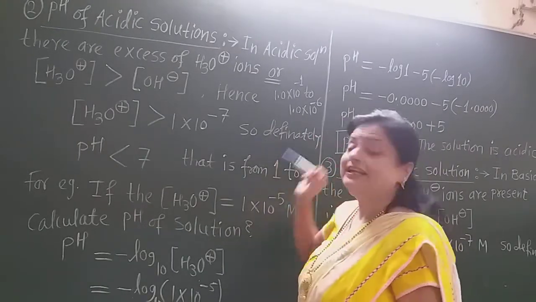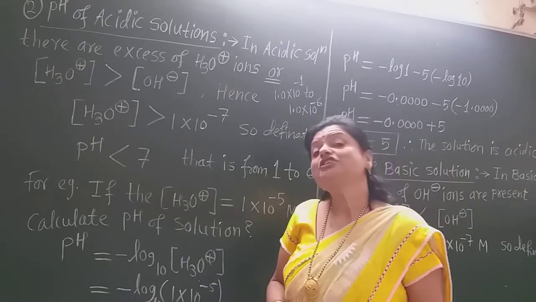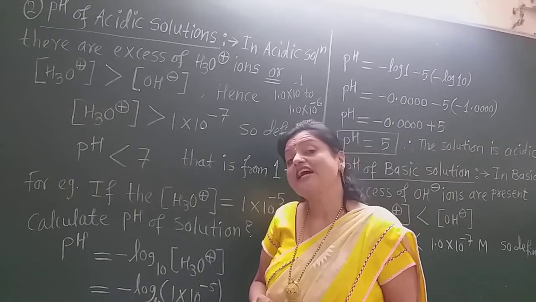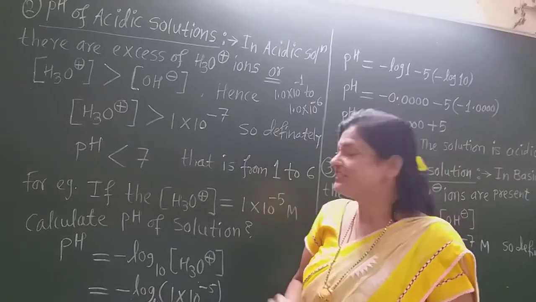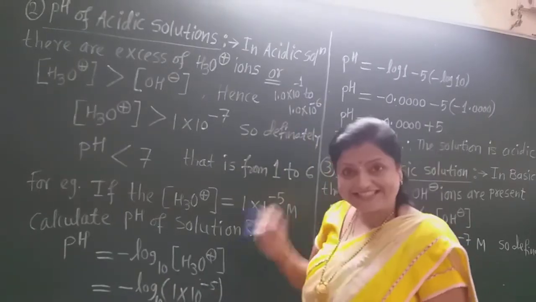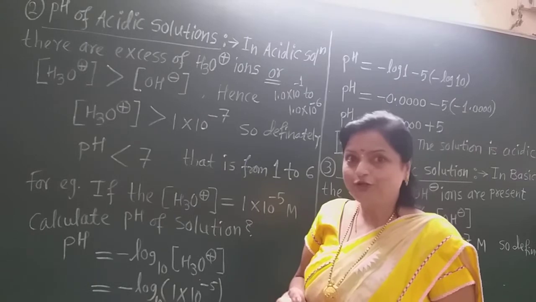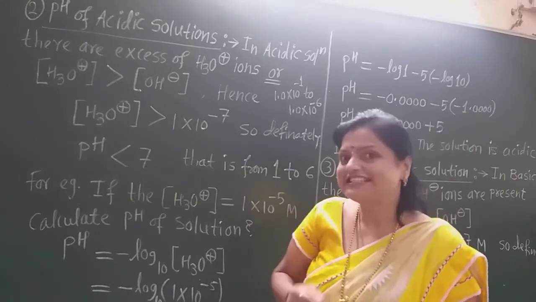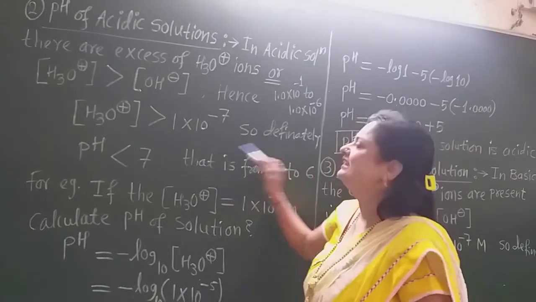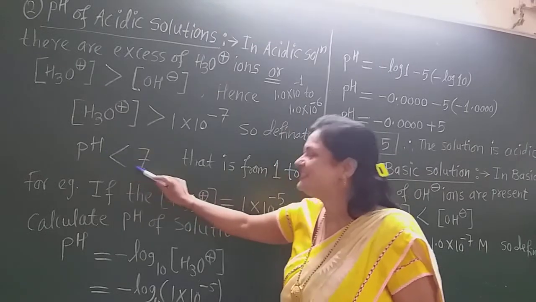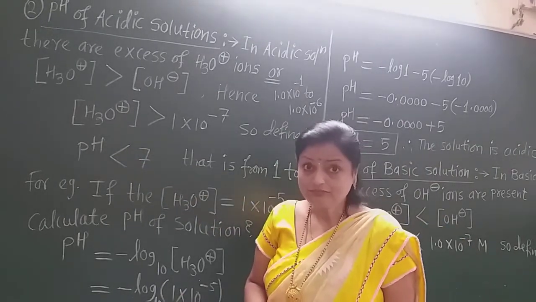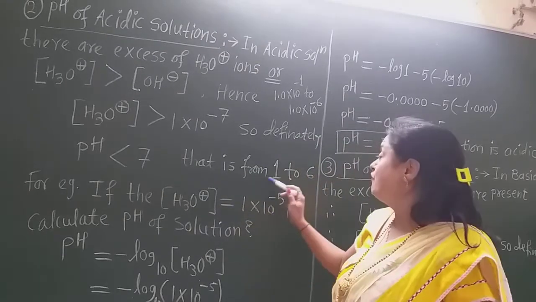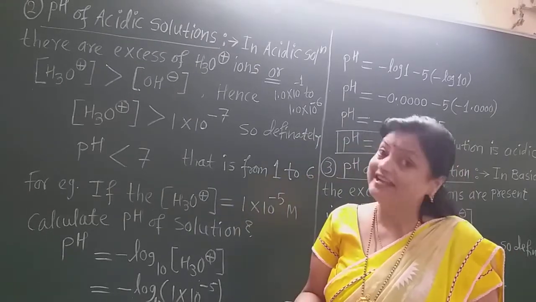So definitely, as the concentration of H plus ion is more, having such values, the pH is definitely from 1 to 6, which is less than 7, and therefore the pH is always less than 7 for the acidic solution. And how is that pH? From 1 to 6 or 6.9.